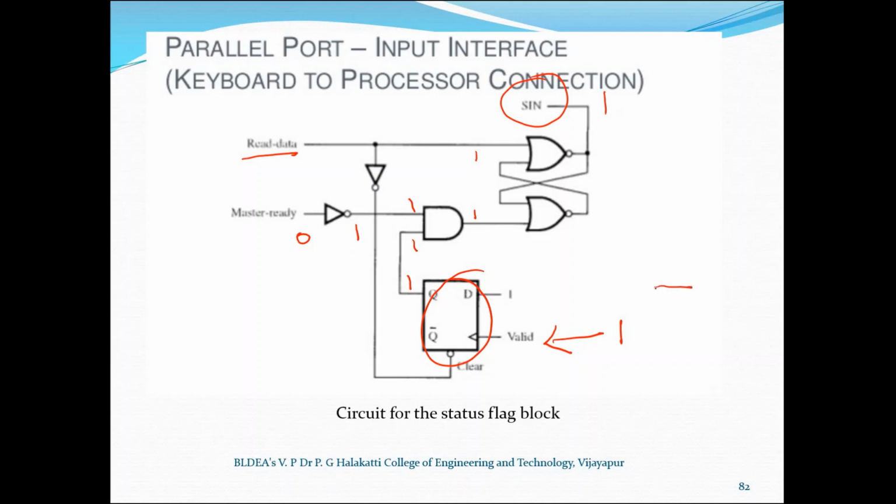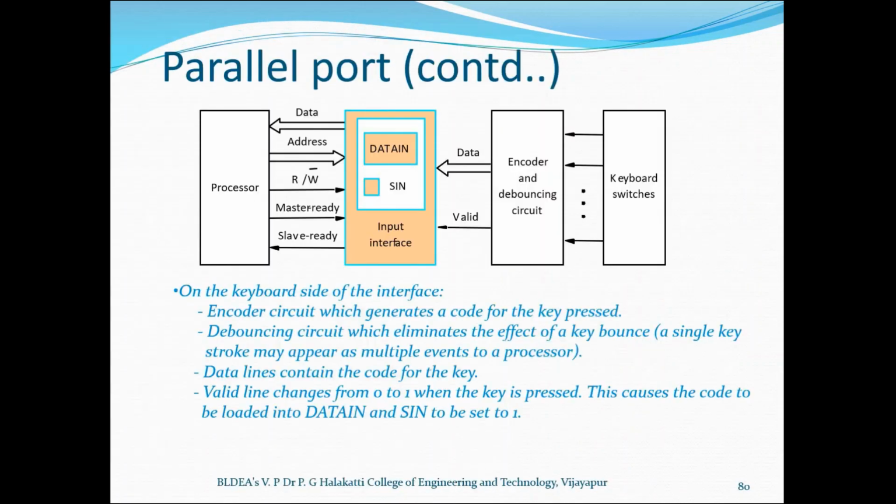Whenever a key is pressed, there will be springs like this, because of which bouncing, you will feel that the key is pressed many times. Now the effect of bouncing can be eliminated using hardware called a debouncing circuit in the interface circuit. You have seen it already here: along with the encoder we have a debouncing circuit.